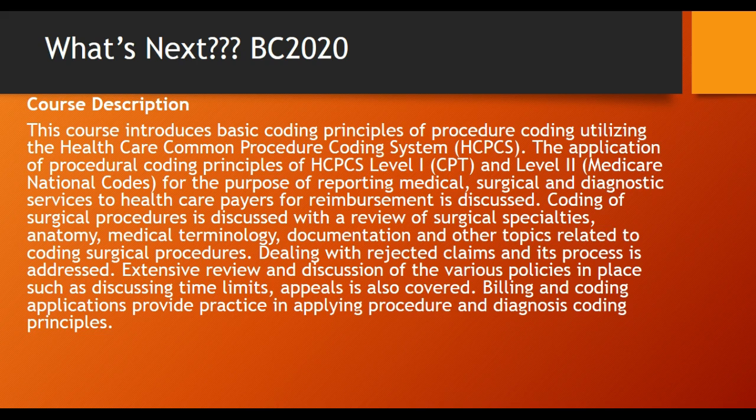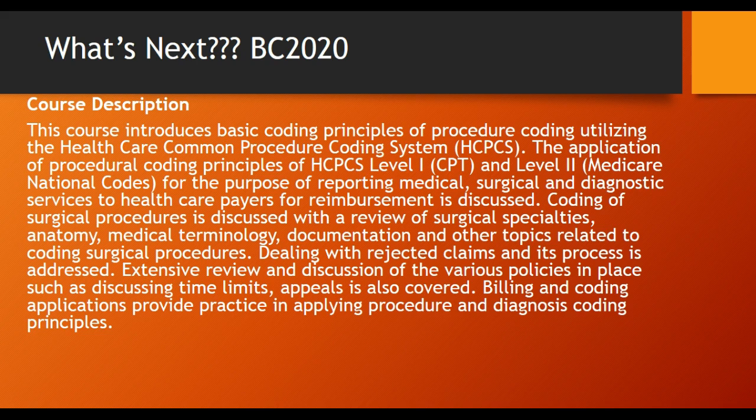Level 1 are the CPTs, and you're going to see an example of the books in a minute. Level 2 are Medicare National Codes for the purpose of reporting medical, surgical, and diagnostic services to healthcare payers for reimbursement. So you're going to be coding surgical procedures. You're going to have some discussions about that.